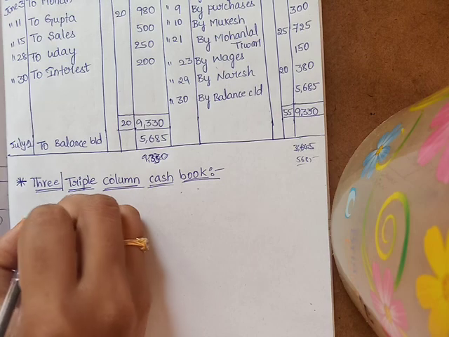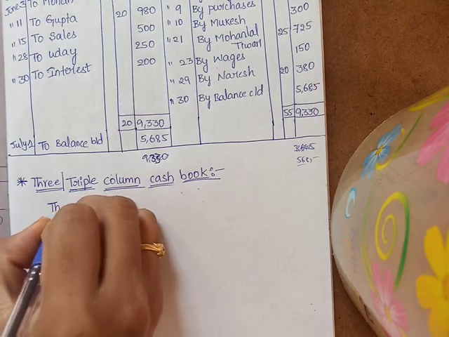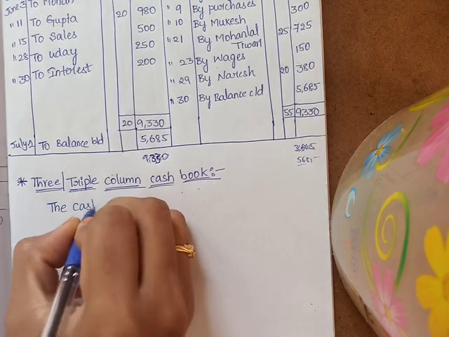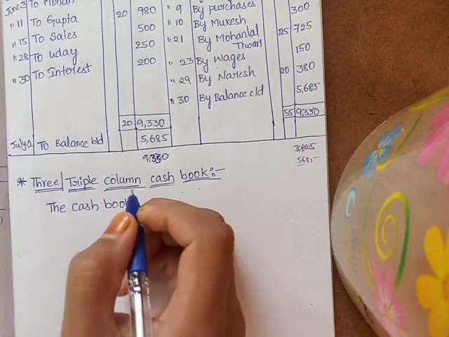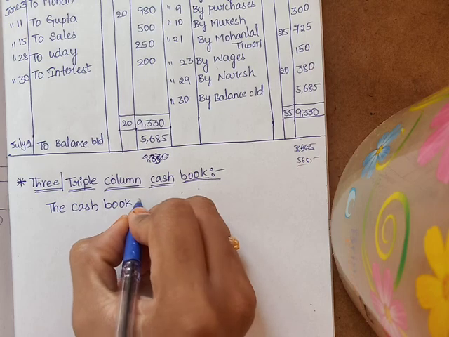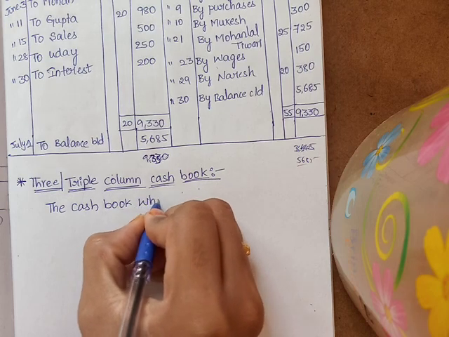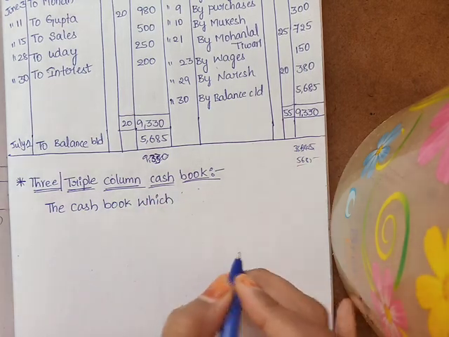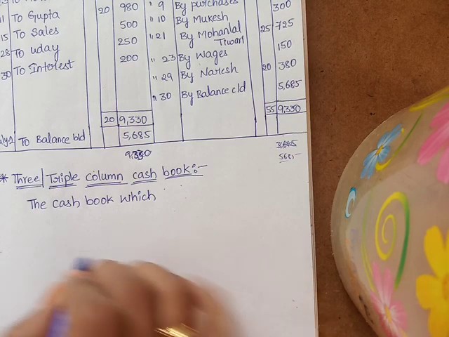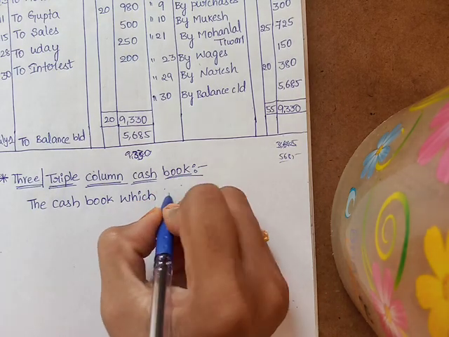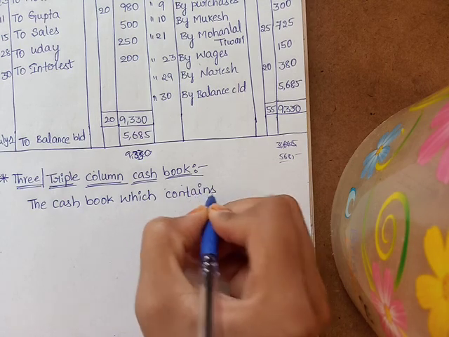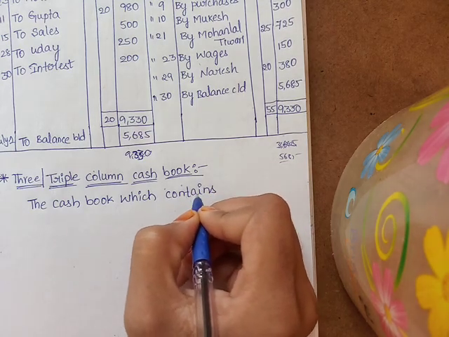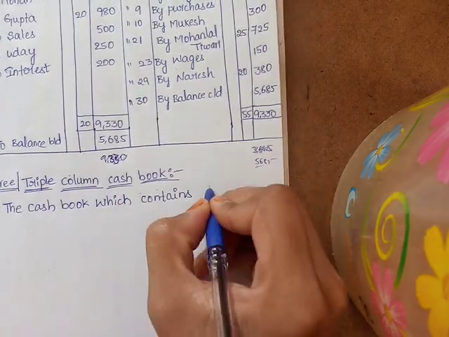The cash book which contains three columns.